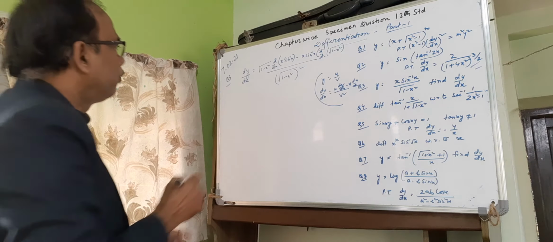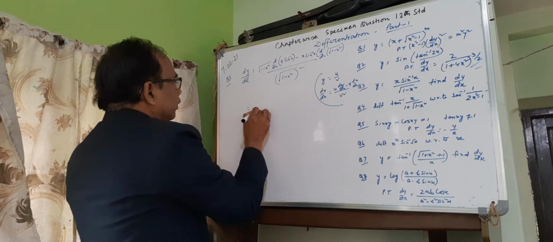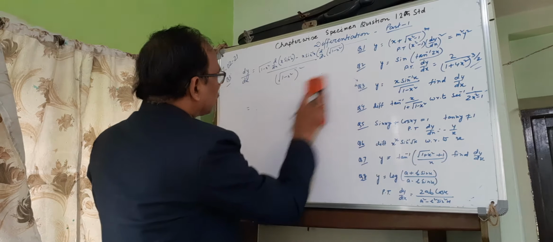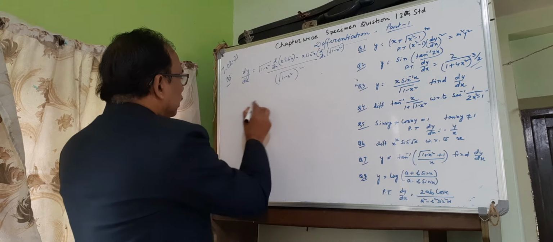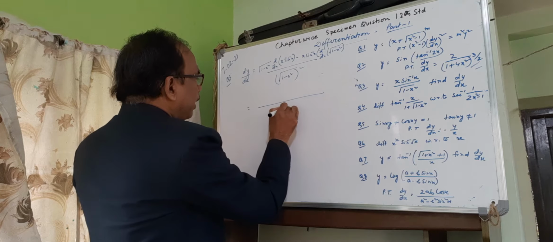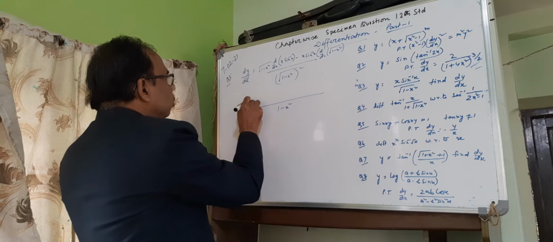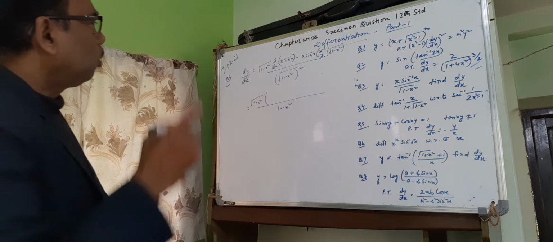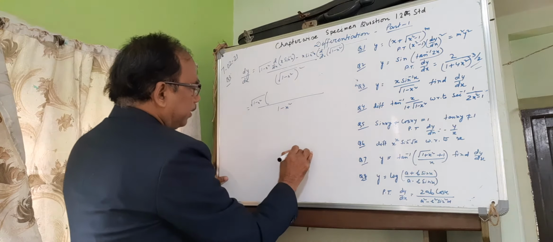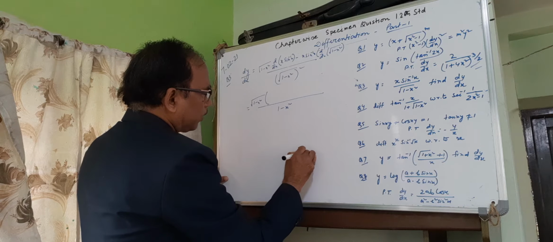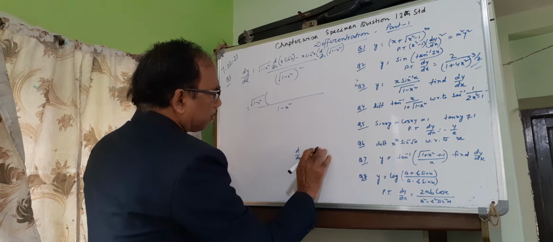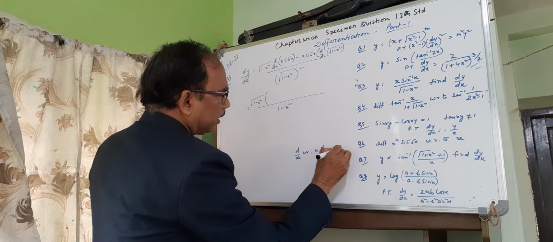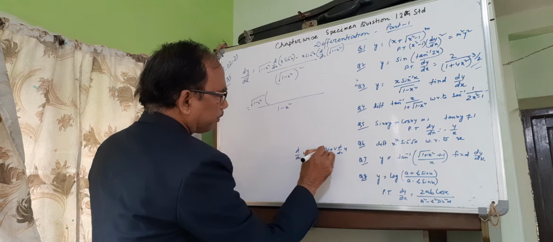Using the product formula, d dx of uv equals to u d dx of v plus v d dx of u.